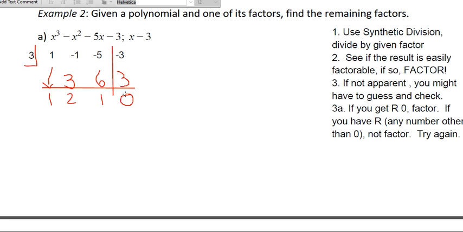So my remainder is 0. That tells me that was a factor, which they told me to begin with, so thank God they were right. Then we put in our x. This was a cube and we divided by a power of 1, so this is x squared, this is my x term, this is my constant, and my remainder was 0.